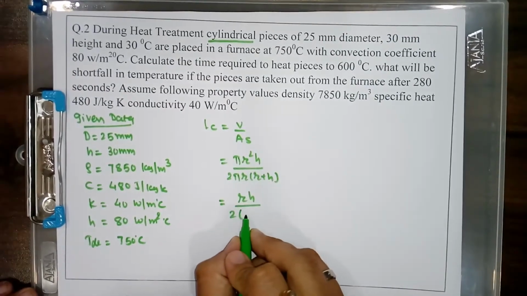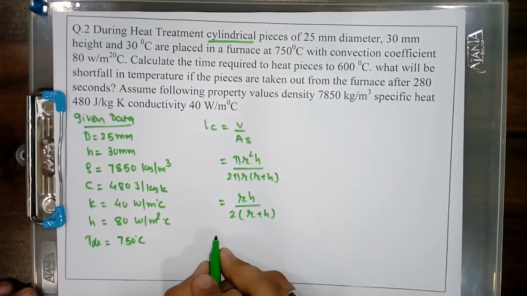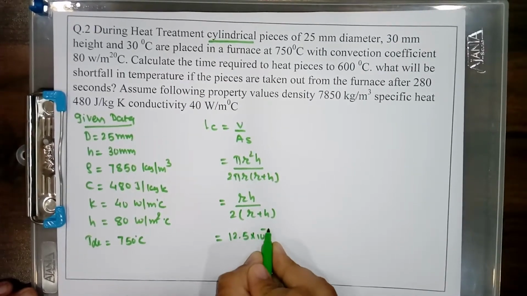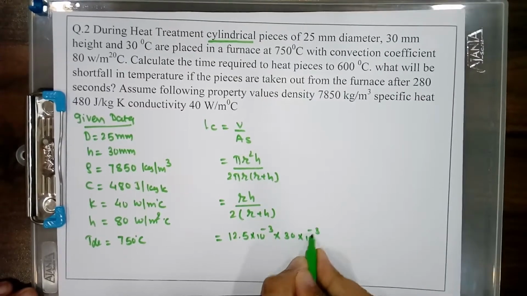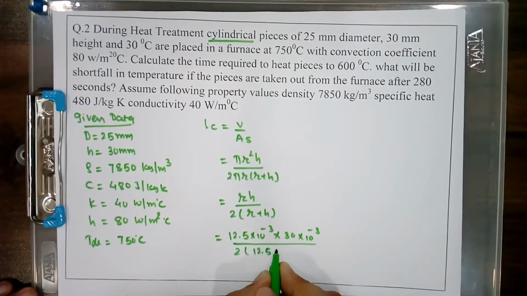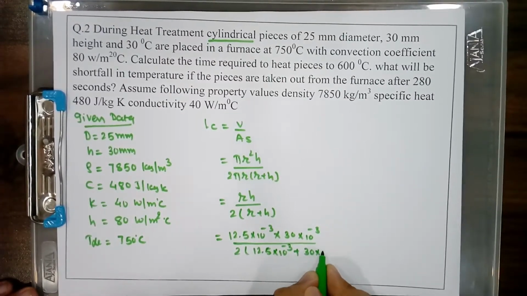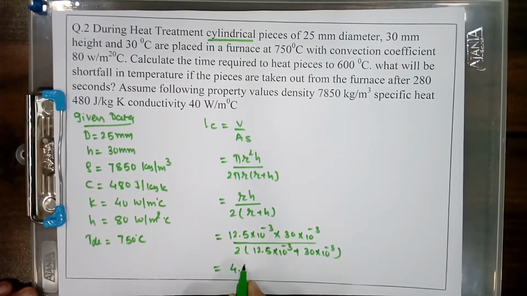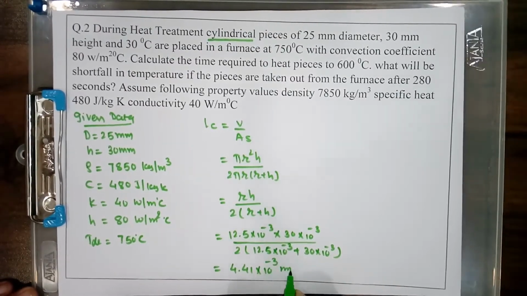By simplification we get rh divided by 2 into r plus h, equals, we get r is 12.5 into 10 to the power minus 3 into h, that is 30 into 10 to the power minus 3, divided by 2 into r plus h, that is 12.5 into 10 to the power minus 3 plus 30 into 10 to the power minus 3. So we get 4.41 into 10 to the power minus 3 meter.